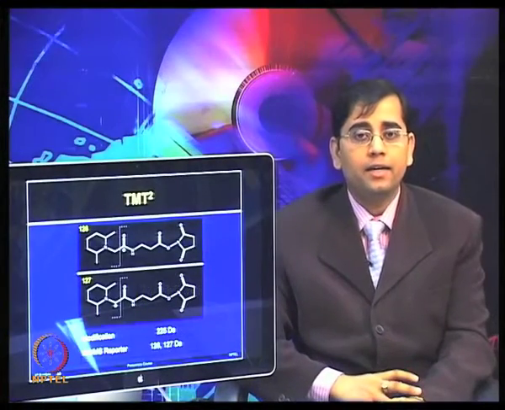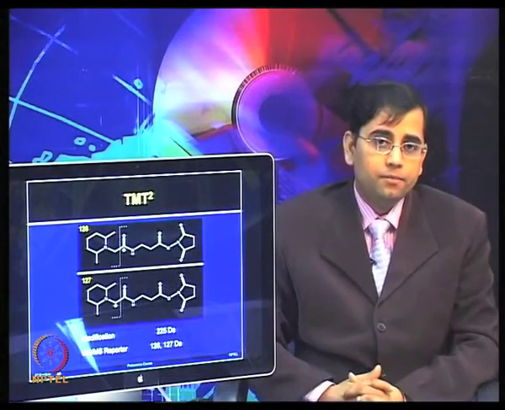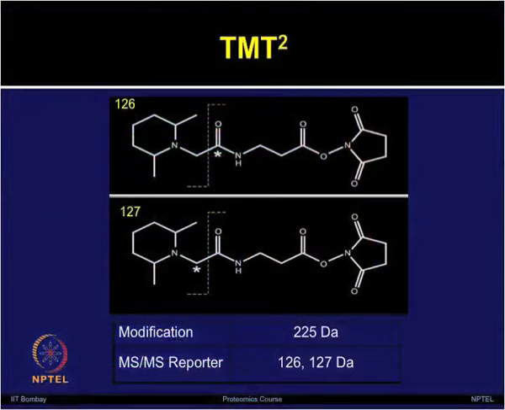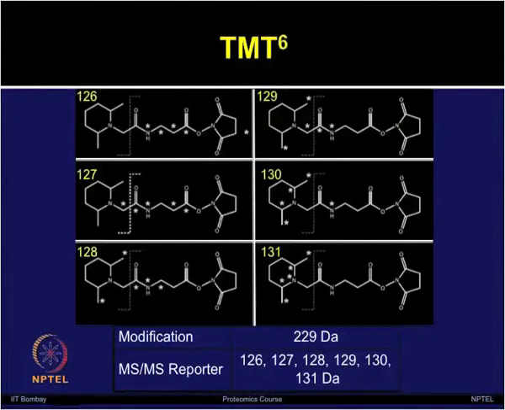Now, let us look at TMT duplex. The TMT duplex reagent allows for the comparison of 2 samples. 126 and 127 are the 2 different MS/MS reporter ions available, and the modification is 225 Daltons. Let us now look at the TMT 6plex reagent. It allows the comparison of up to 6 conditions.